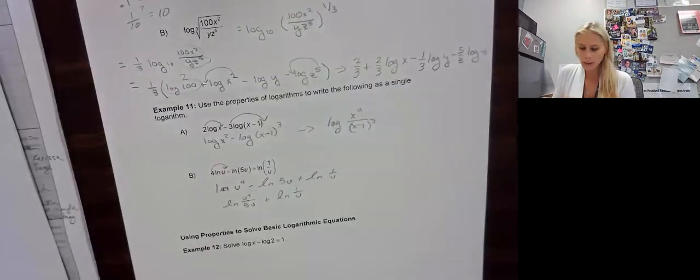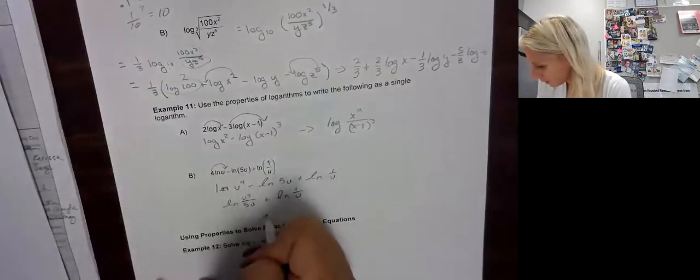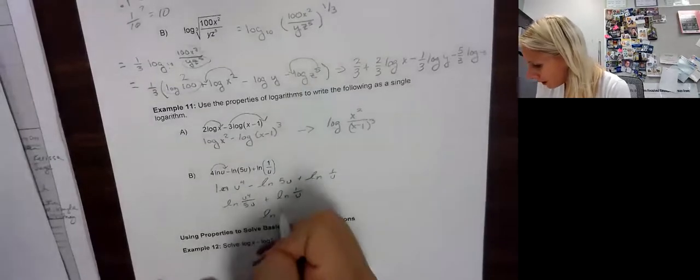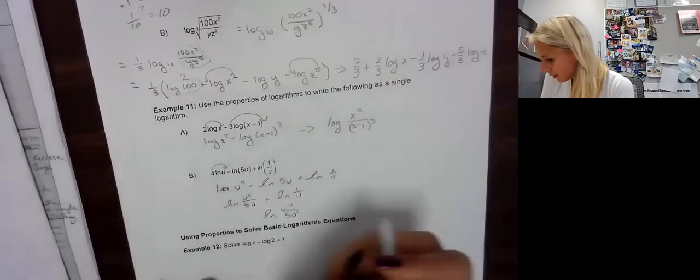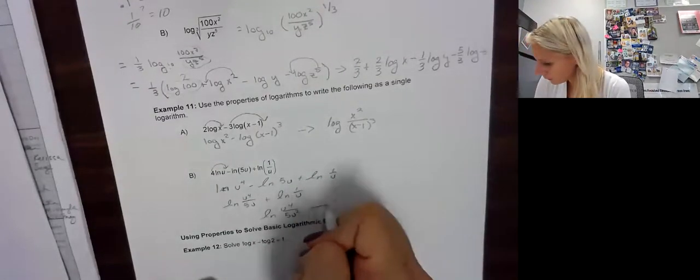Because addition means multiplication. And when I do the multiplication, I can just multiply the numerators, multiply the denominators, which gives me ln u to the 4th all over 5u squared. Now let's make sure we reduce all the way, right?